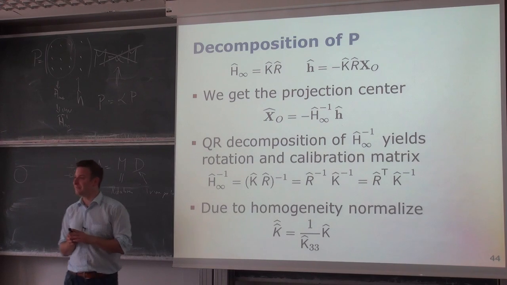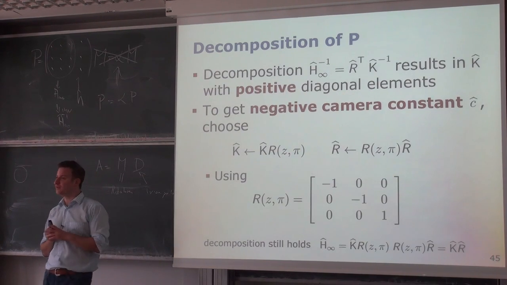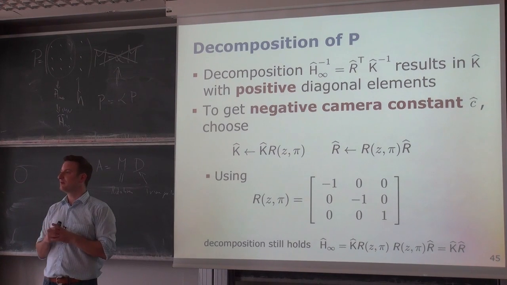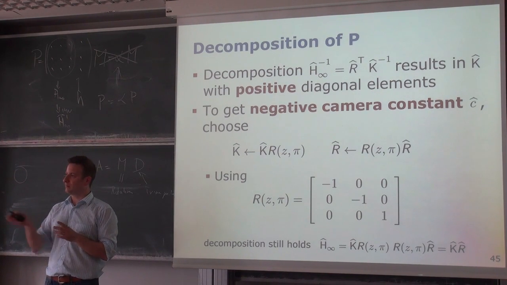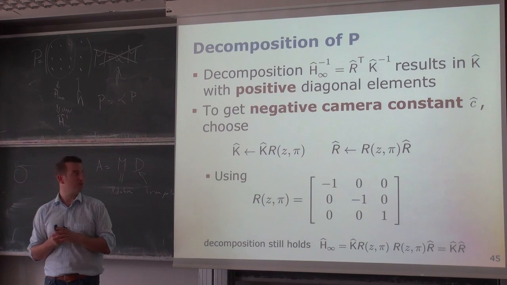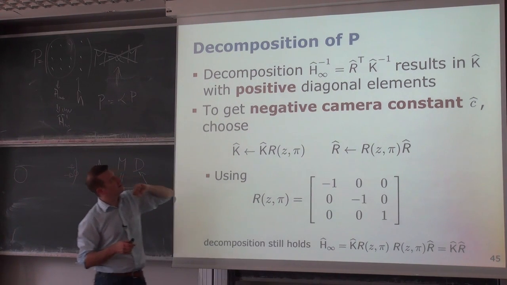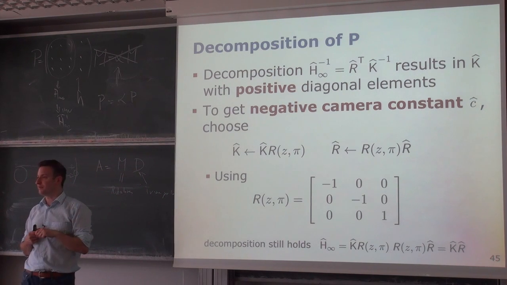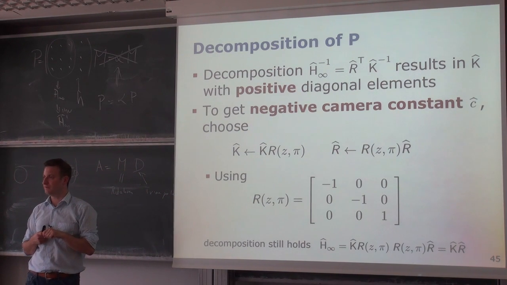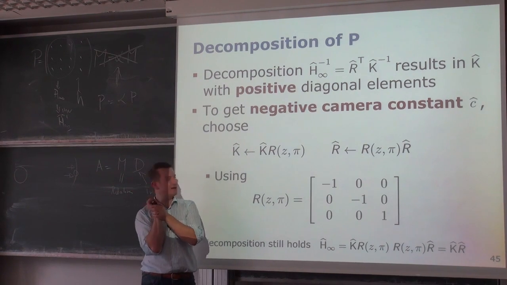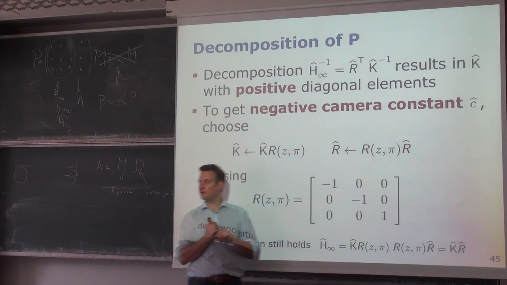However, the nice thing is we can actually easily fix this by introducing an additional rotation matrix, which just does the rotation by 180 degrees. So what I simply can do is, if my camera, with the decomposition ends in a positive matrix C, I can simply add a different rotation matrix and rotate it by 180 degrees, which is just this matrix over here.